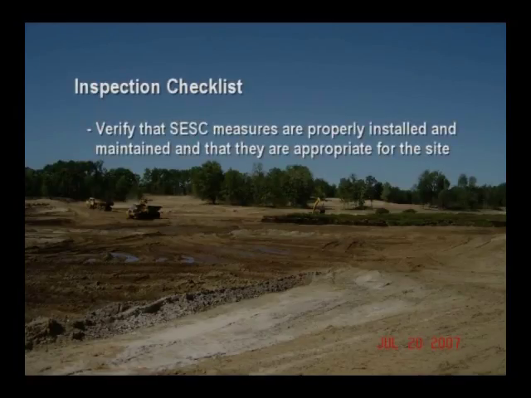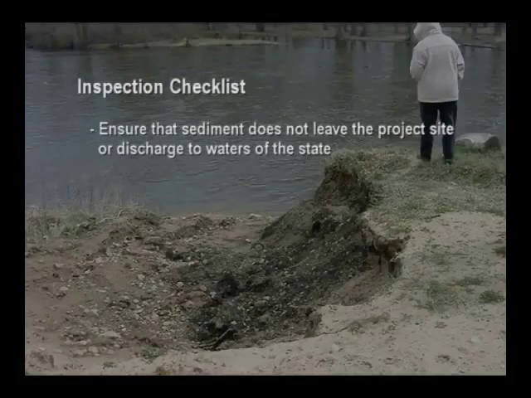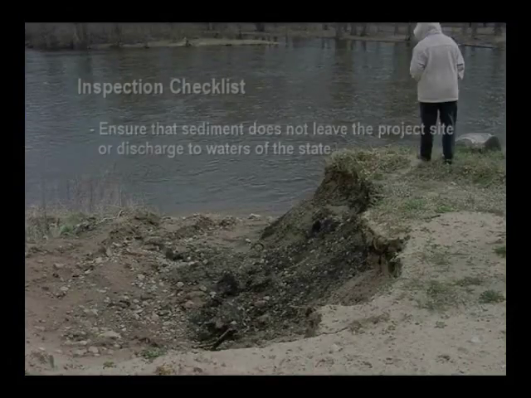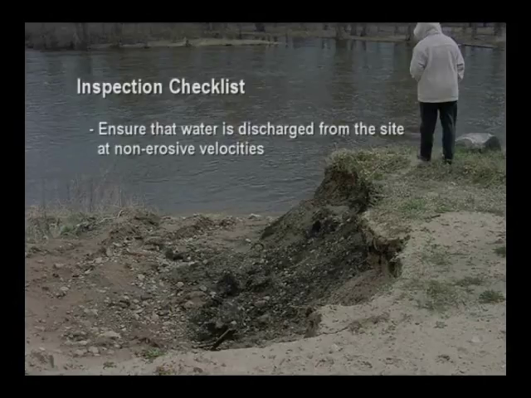Verify that SCSC measures are properly installed and maintained per standard details or plan specifications and that the measures are effective and appropriate. Ensure that sediment does not leave the project site or discharge to surface waters of the state. Ensure that water is discharged from the site at non-erosive velocities.